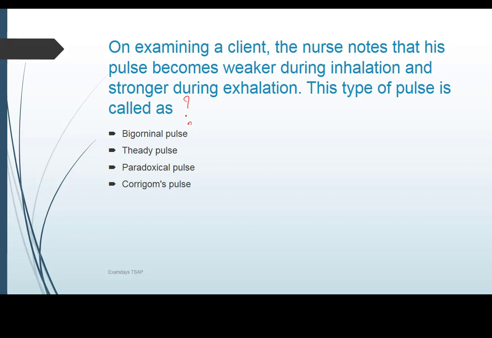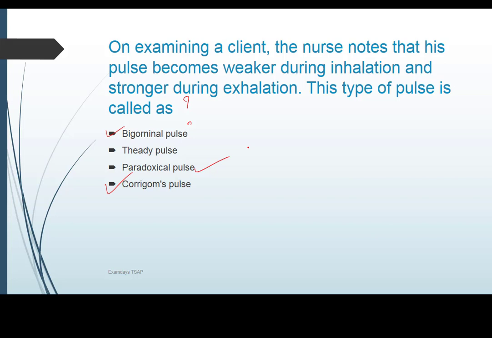This type of pulse is called as what? The four options are: A, bigeminal pulse; B, thready pulse; C, paradoxical pulse; and D, Corrigan pulse. The correct answer is paradoxical pulse.